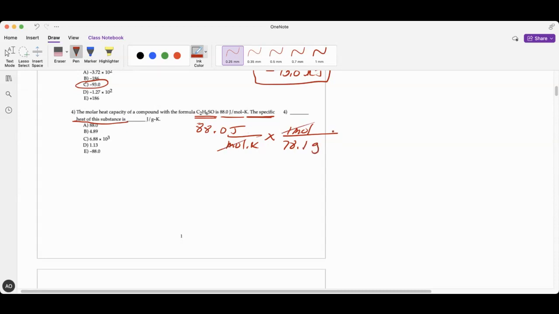Moles cancel, and we'll be left with joules per gram Kelvin. So 88 divided by 78.1, that's 1.13 joules per gram Kelvin. And the answer here is D.